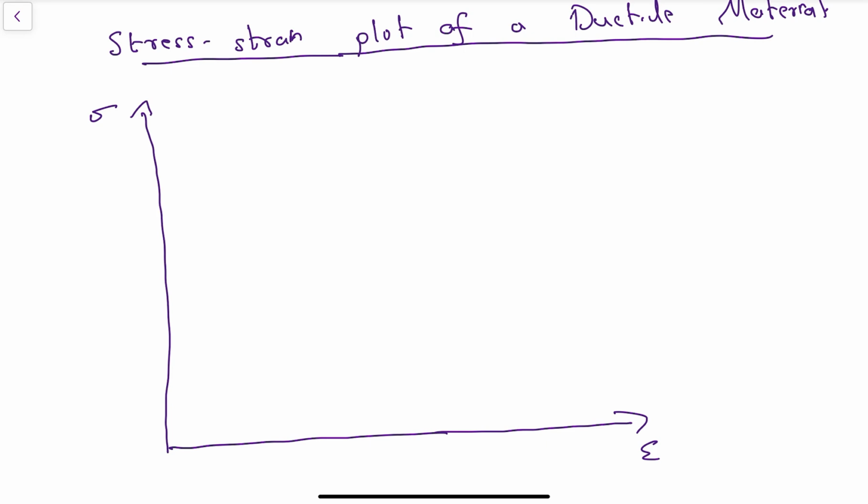Let me draw this curve. As you increase the stress, the strain also increases. This follows a straight line up to a particular point. After that, it dips and then increases, and finally it snaps here. That means the material breaks or fails.